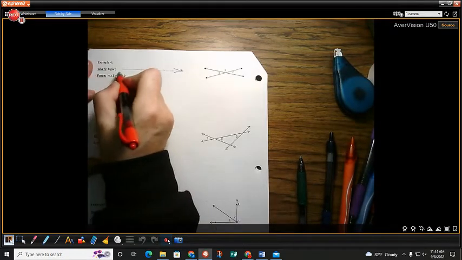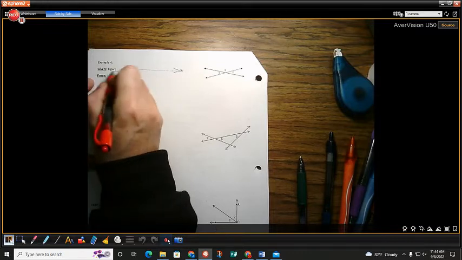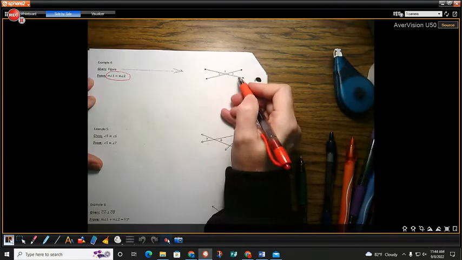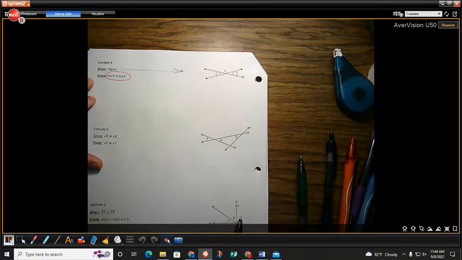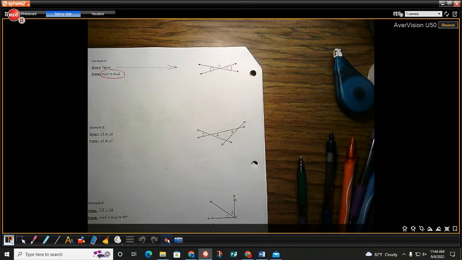How do I know what to start with as my given? You look for where you're aiming. I'm trying to prove angle 1 has the same measure as angle 2. Then you go look at the picture and see where 1 and 2 are and how they are related.